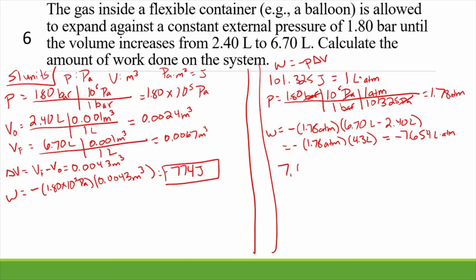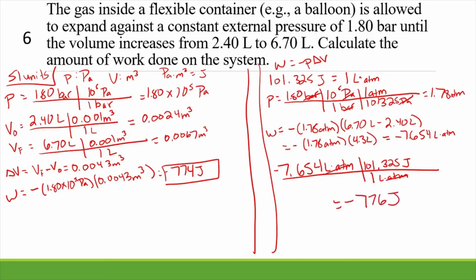So we have 7.654 liter ATM, and then we use the conversion factor we found earlier, 101.325 joules for every 1 liter times ATM. So then this gets you, don't forget that negative 776 joules. So about the same. That difference is just because of rounding error. So either way will get you the right answer.